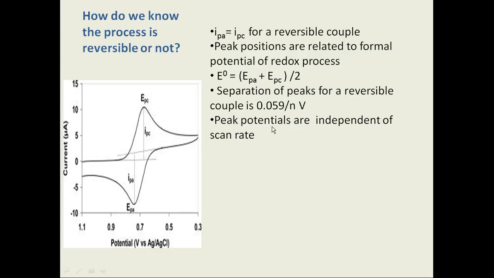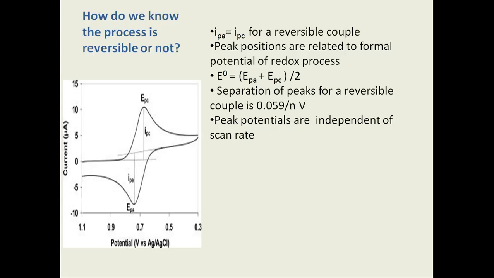And peak potentials are independent of scan rate. That means if we increase scan rate, changing the potential in less time, then what will happen in the case of a reversible reaction?